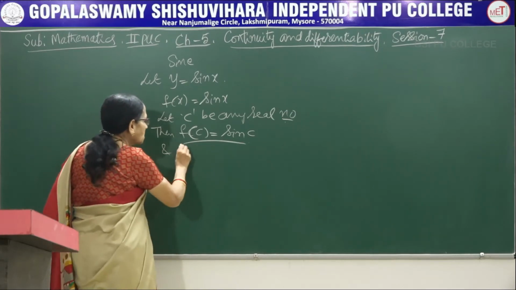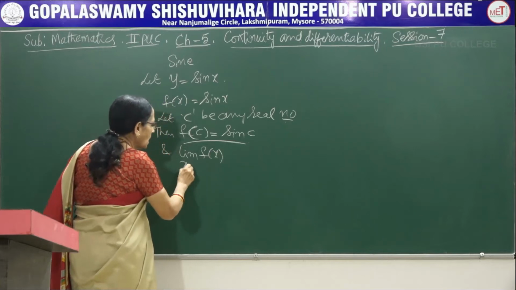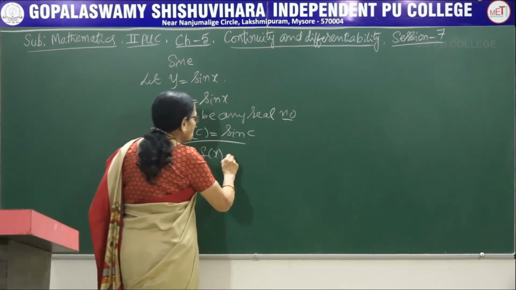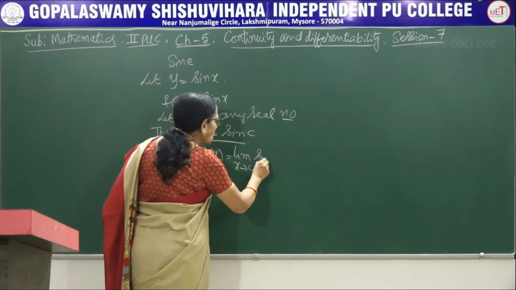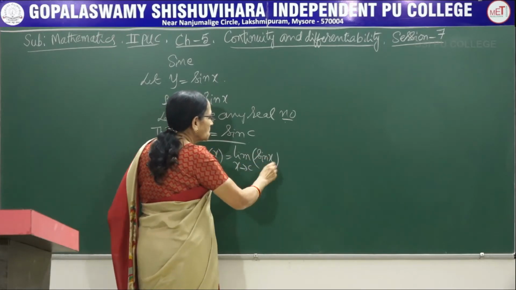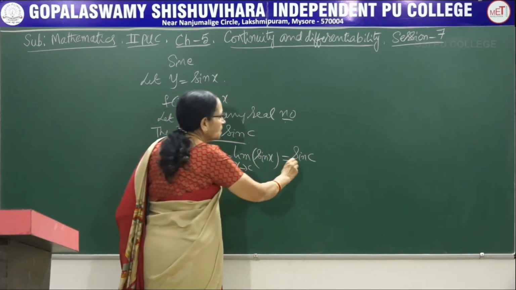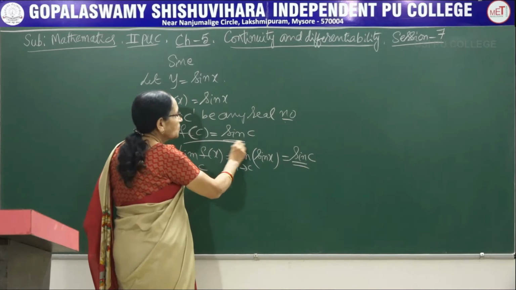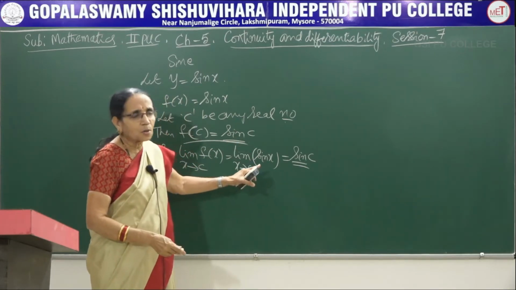Then you calculate the limit also. Limit of f(x) as x tends to c would be equal to limit as x tends to c of sine x. Now wherever x is there, write the value c. Now we get here sine c. The value is also sine c. The limit is also equal to sine c.